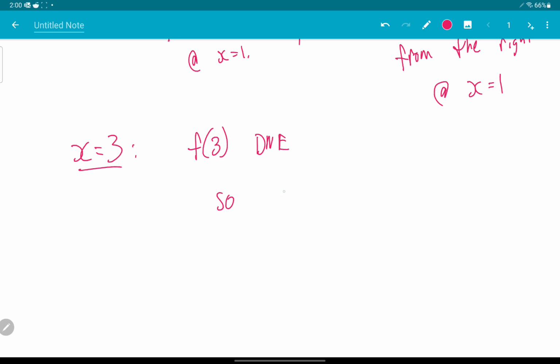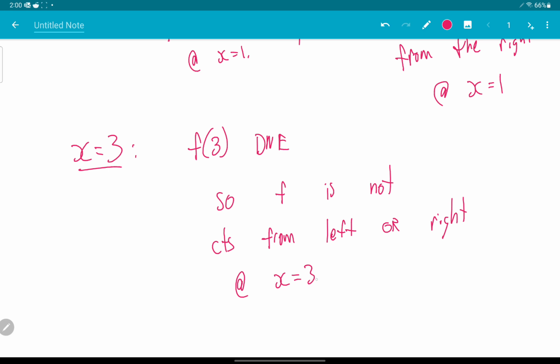So this cannot be continuous there from the left or the right. So f is not continuous from left or right at x equals 3.